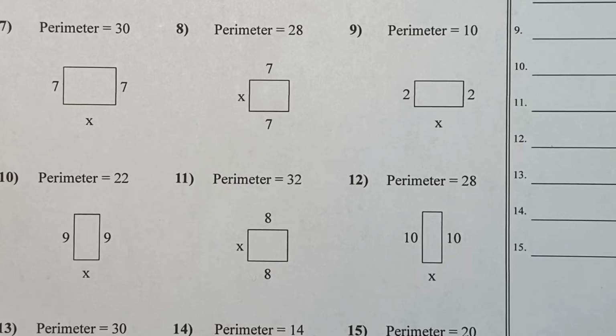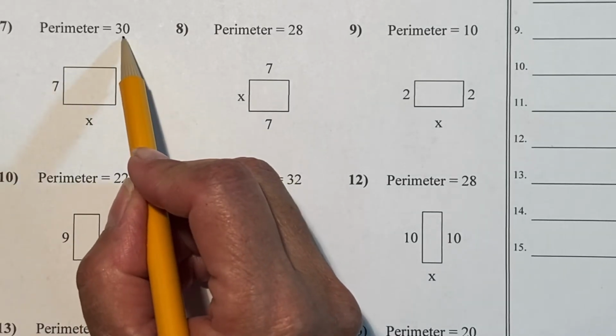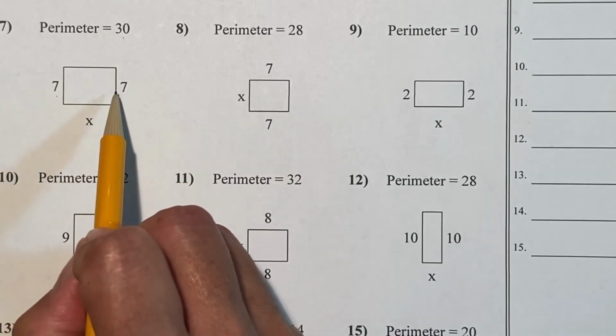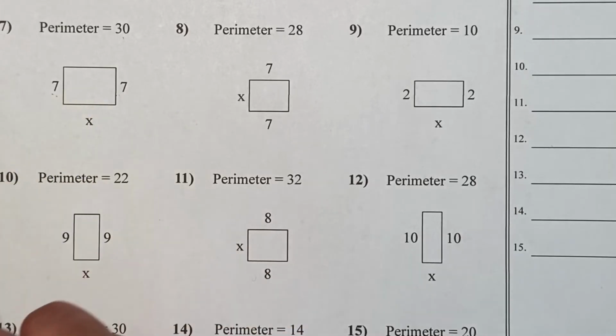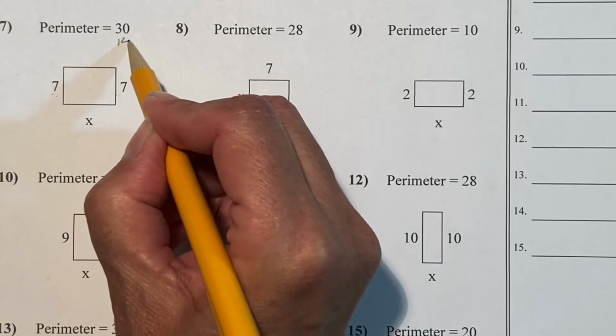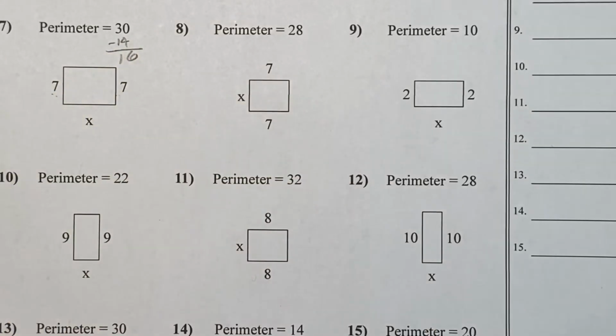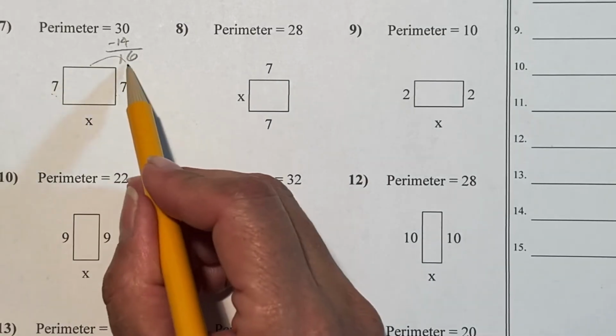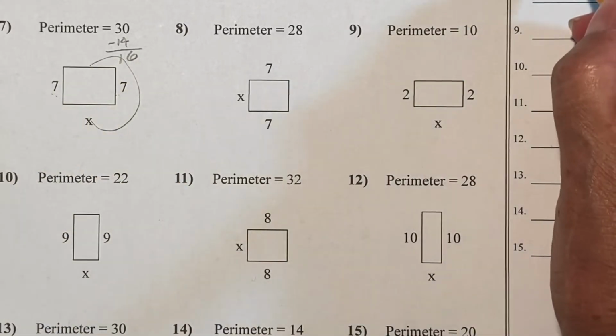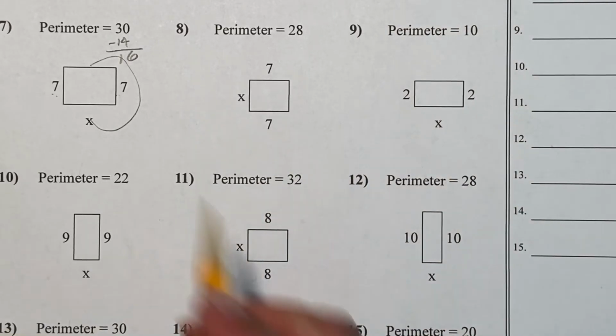Question number 7. 30 is my perimeter. I am subtracting these two sides of the rectangle, which is 14, 7 plus 7. My difference is 16. 16 has to go half to the top, half to the bottom. X equals 8.